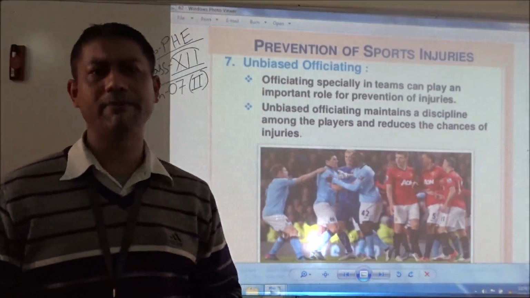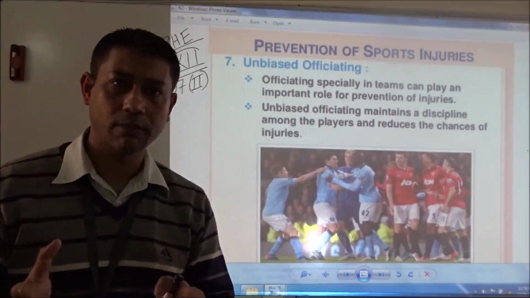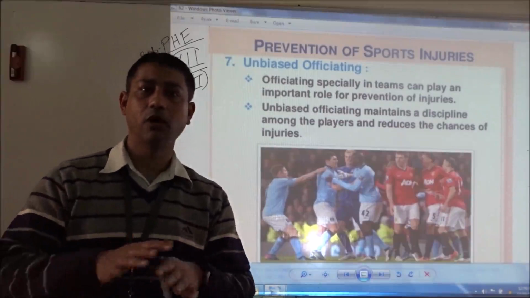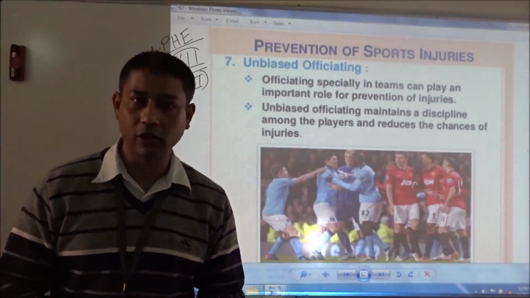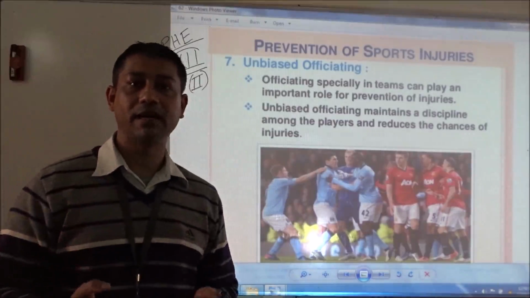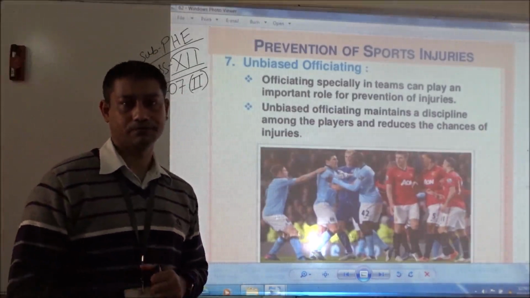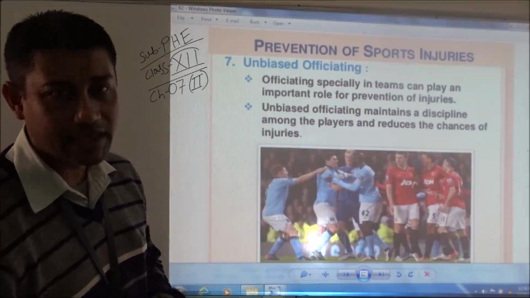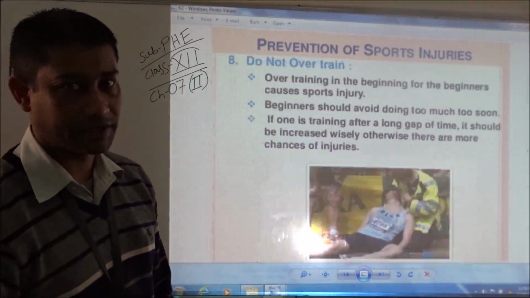There should not be any bias. For officials, both teams and all the sports persons have to be equal. Then only can the game be played with good spirit and sportsmanship, and injuries can also be reduced.